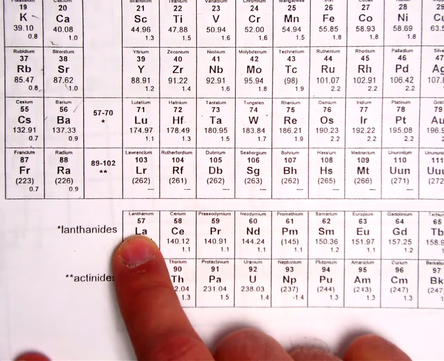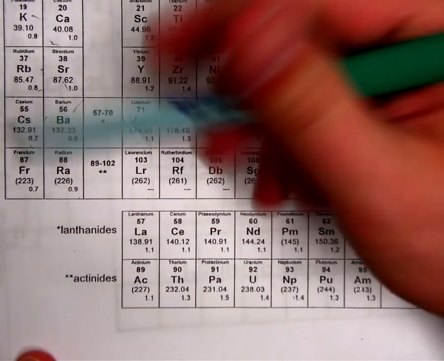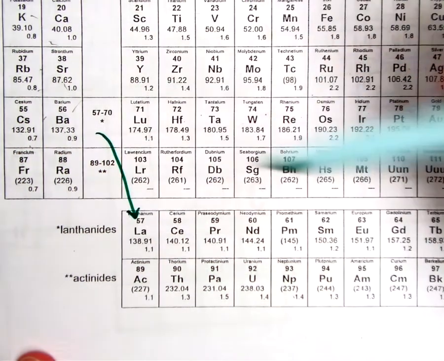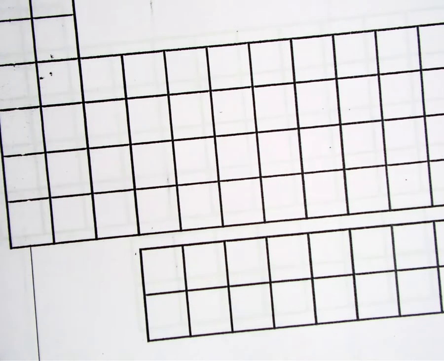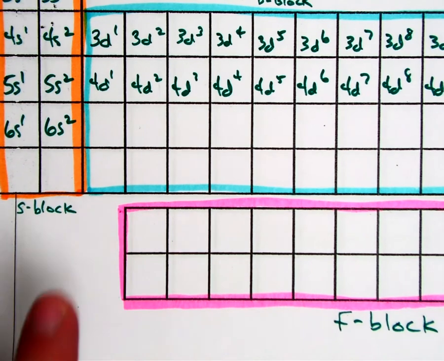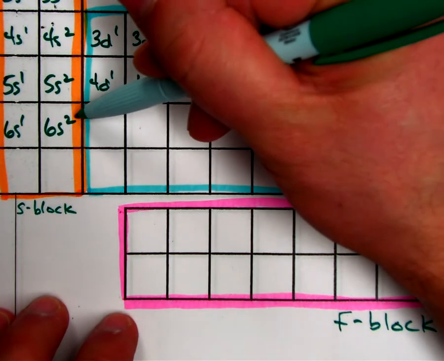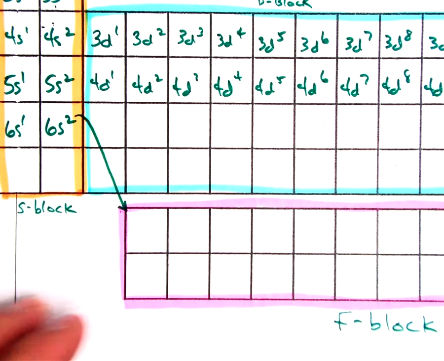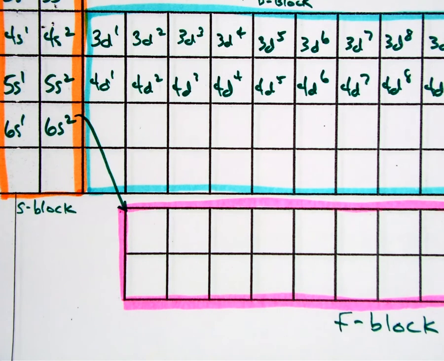So what is going on here is we had to place them down below because we couldn't fit it on a piece of paper. So what that means for us in terms of our design here is we're now going to drop down. And if you want to draw a little arrow like this, you can. If you can remember it, that's fine too.